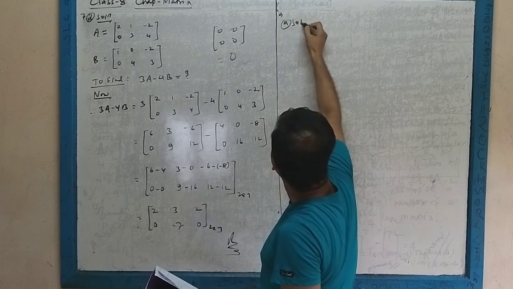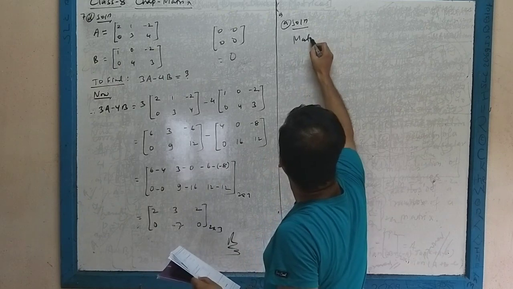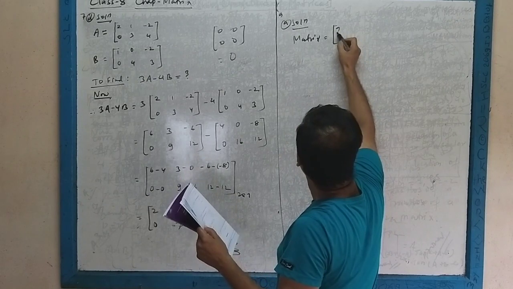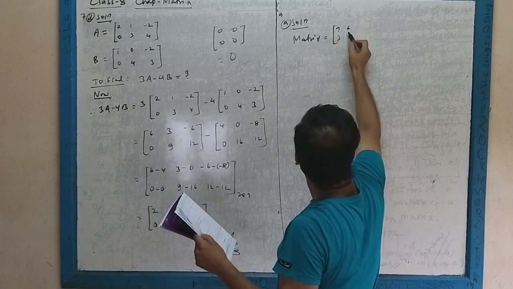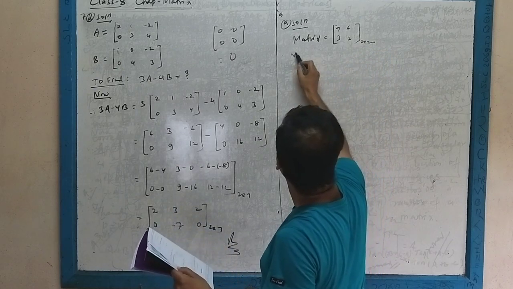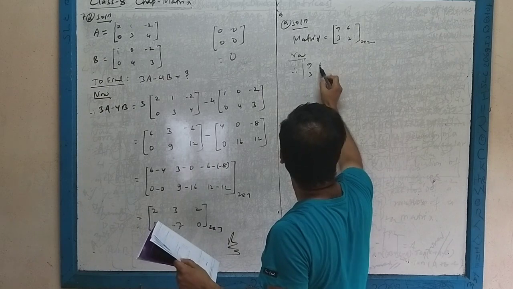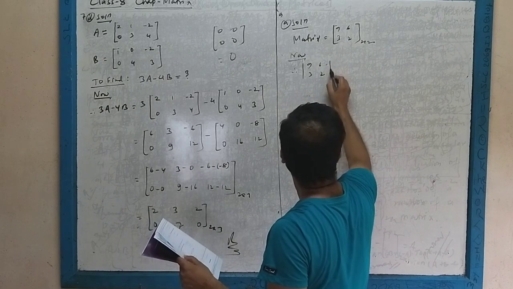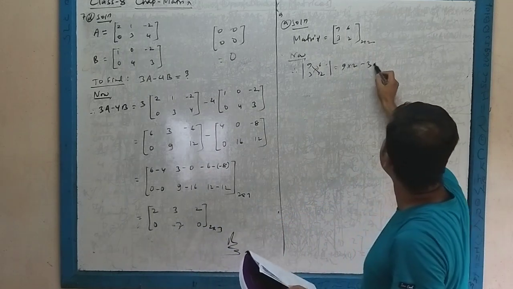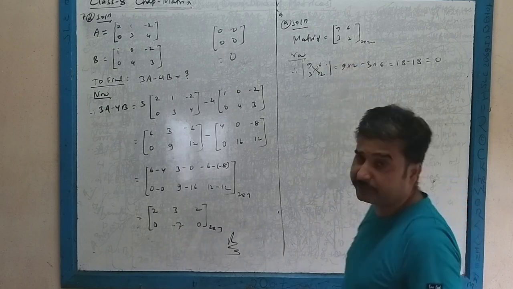Question A, solution. What is the given matrix? The matrix is 9, 3, 6, 2. Okay, this is 2 by 2. Now let's find the determinant of 9, 3, 6, 2. The determinant will be equal to 9 into 2 minus 3 into 6, which is 18 minus 18 equals 0. The determinant of this matrix is 0.